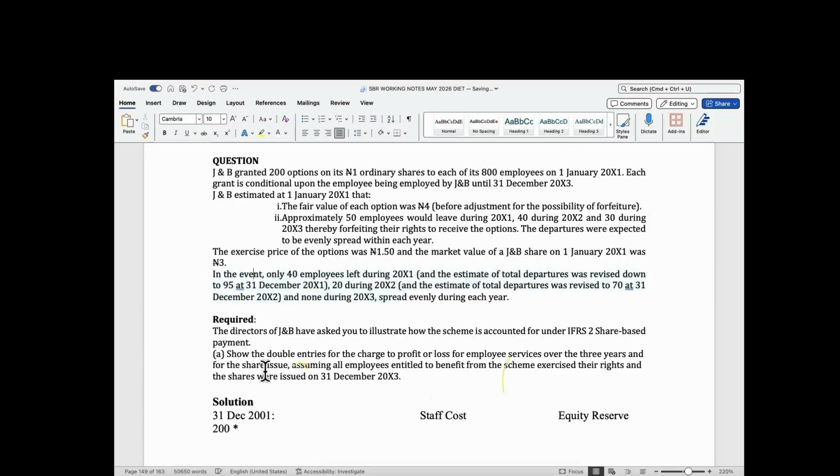In 2001 now, how many people will not leave as at the end of 2003 based on these estimates in 2001? Only 40 left, and we now estimated the total departure was revised down to 95 as at 2001. So how many people is estimated not to leave?